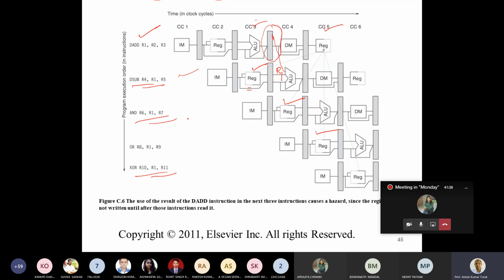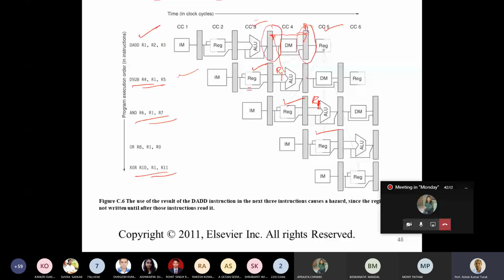Now let's look at the AND instruction. The AND instruction reads in clock cycle 4, but it needs R1 in clock cycle 5. But where is R1 now? At the end of clock cycle 4, the content of the pipeline register has moved forward, so the pipeline register between the memory and write back stage holds the value of R1.